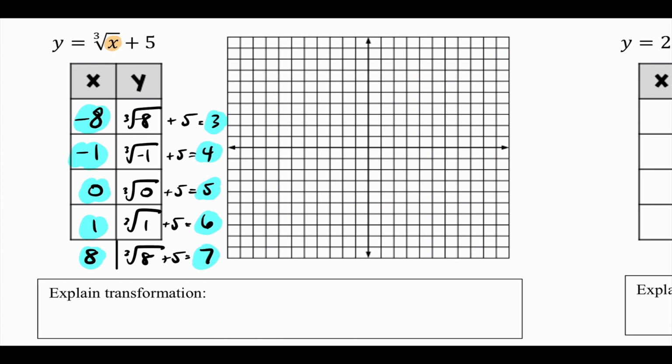Okay. 5 dots. First dot, -8, +3. There's 1. Next dot, -1, up 4.